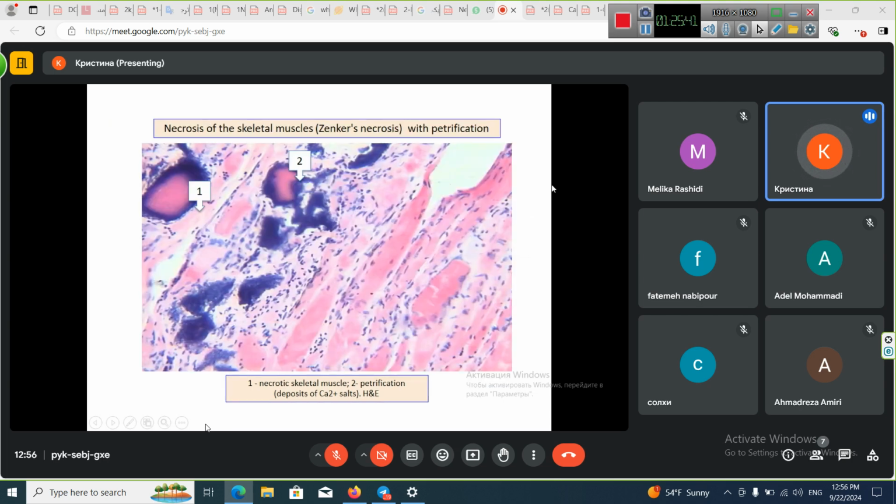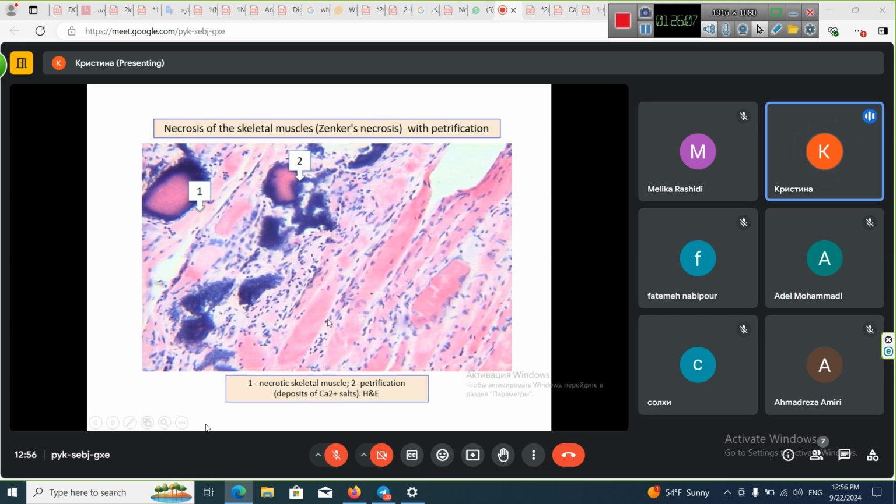Another example of the same necrosis of skeletal muscles with petrification shows us some necrotic skeletal muscles. Number one here, and this one is also necrotic because here we see no cell nuclei. Only here, but this one changes its shape and it is a dying cell nucleus.